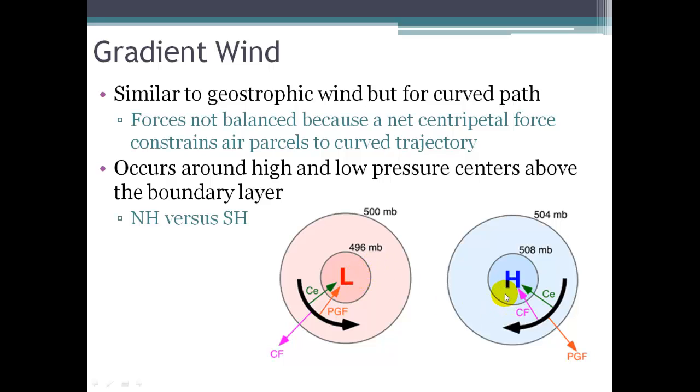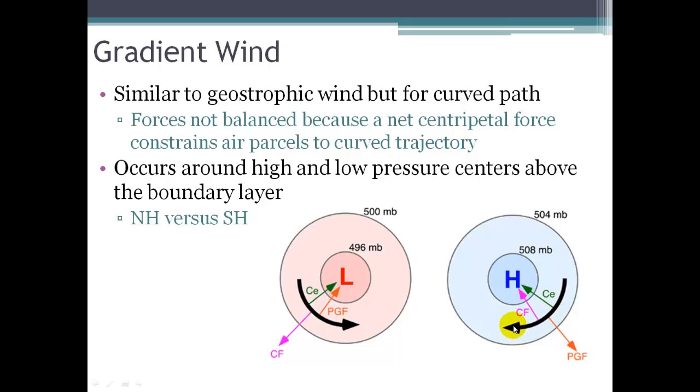When we look at a high pressure cell in the northern hemisphere, this time the pressure gradient force wants to pull the wind flow, or that air parcel, out of that high pressure cell so that it would flow perpendicular, away from high pressure. But as soon as the wind moves in that direction, the Coriolis effect kicks in and deflects the motion of the air parcel to the right in the northern hemisphere.